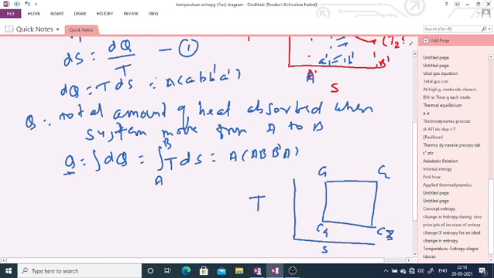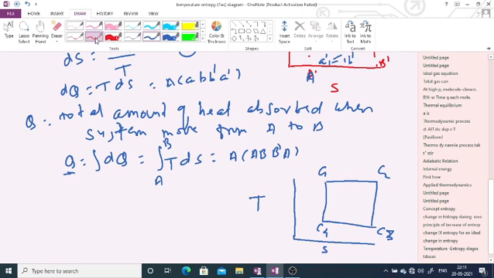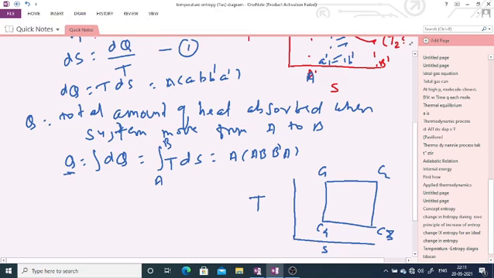C1, C2, C3 and C4 are the states of your system. Now consider the four operations along the cycle.